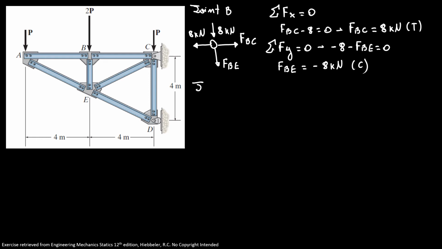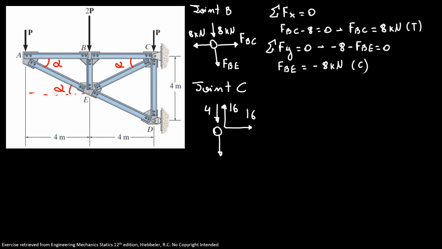Now we're gonna use the same process for joint C. So don't forget our angle alpha is here, here, and here. So for joint C, I have 4 kilonewtons from my force P. I have 16 kilonewtons for my reaction in X direction.